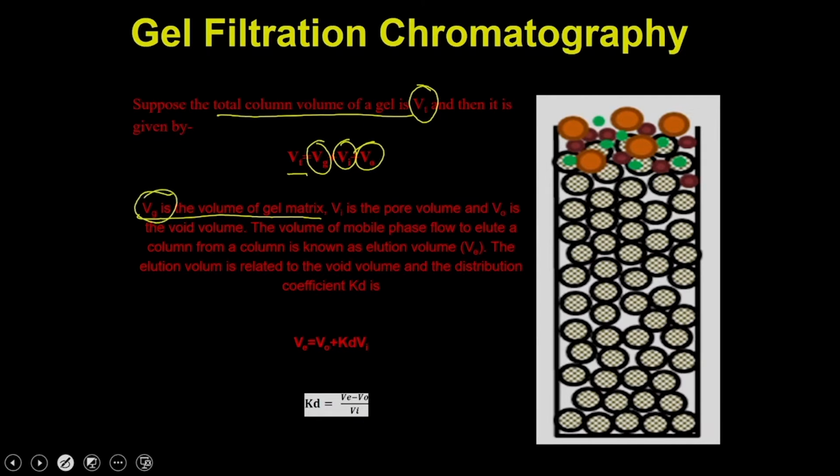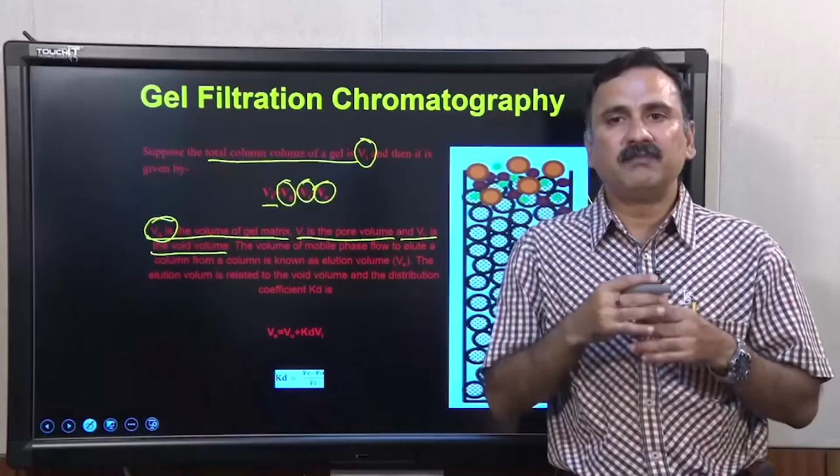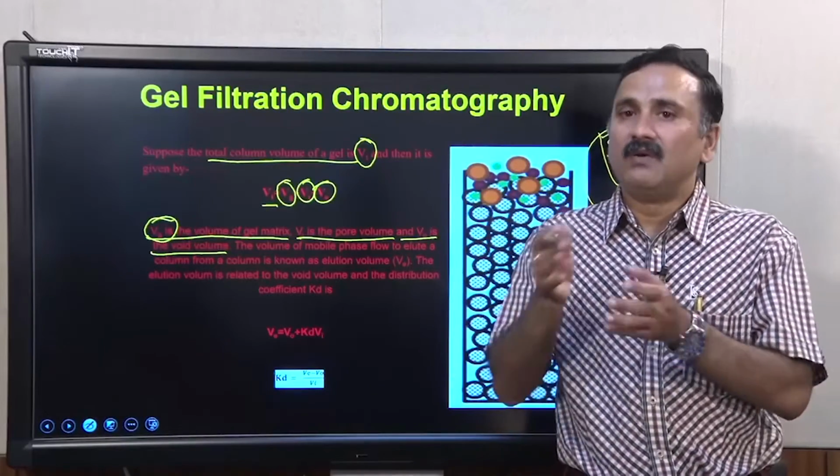Then Vi is the pore volume, which means if you have a bead, you have the pores, right. These are called the Vi, and the volume of the total beads is called the Vg. And the Vo is the void volume, which means the portion of the column which is not going to participate in the fractionation.